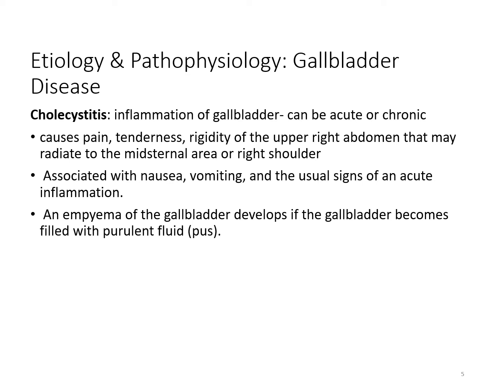You may also see nausea and vomiting, and if the gallbladder becomes filled with purulent fluid, maybe in addition there's an infection, or there's a blockage that's been sitting there for a while, then you're going to end up with empyema. So just be familiar with the term empyema: it's basically purulent fluid that has accumulated.